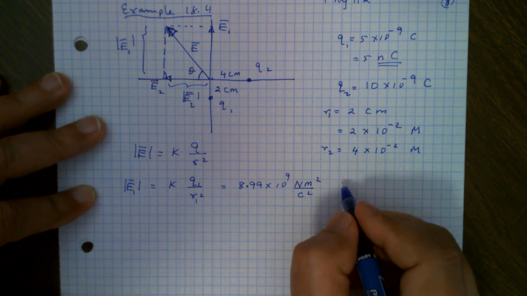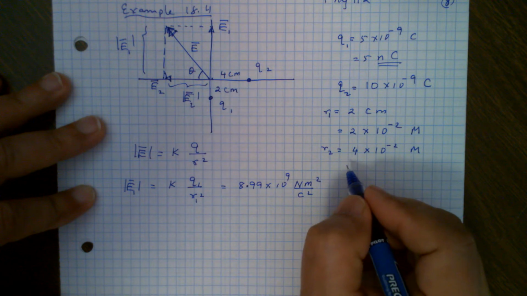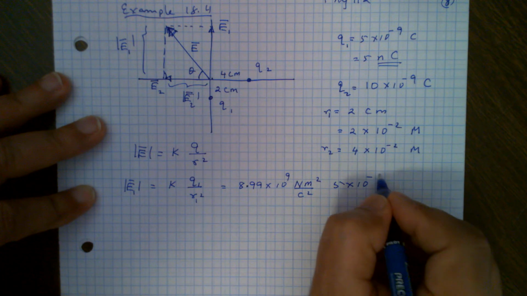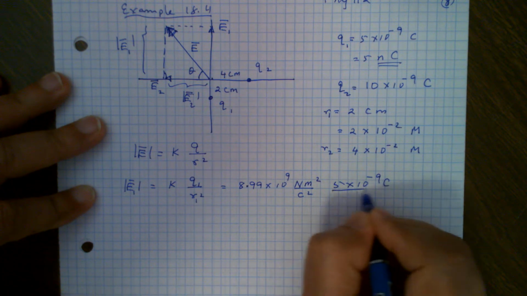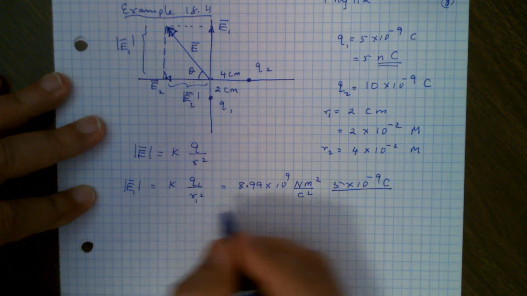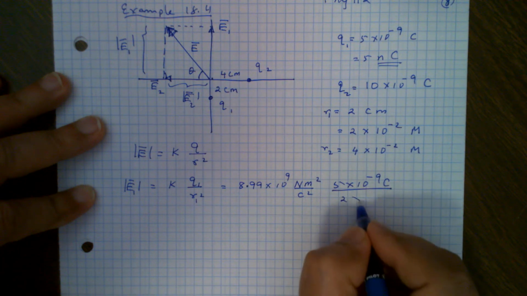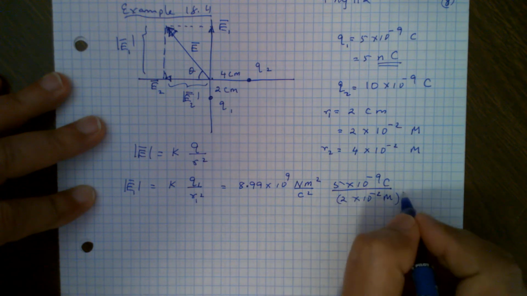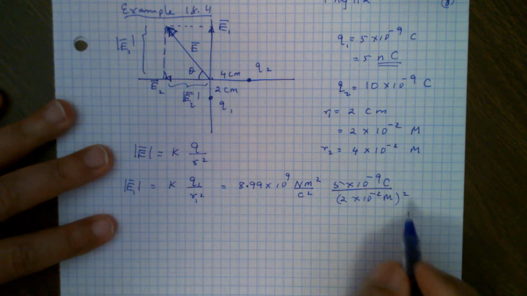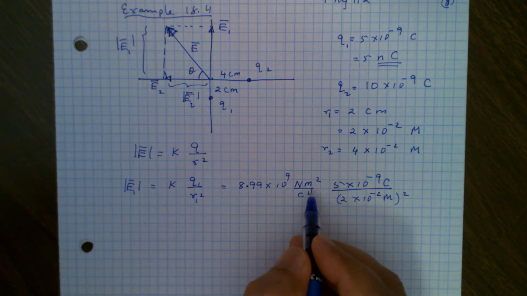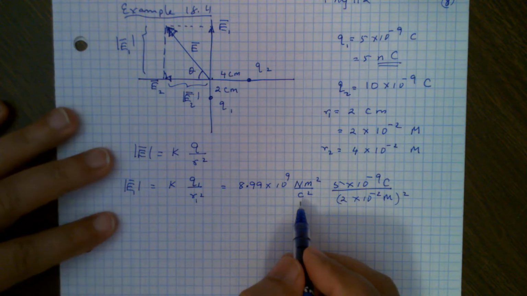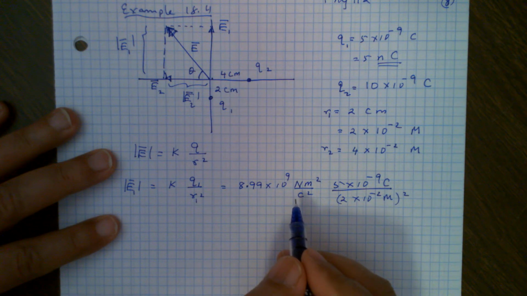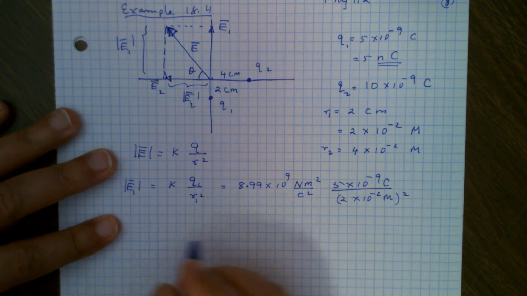And Q1 is 5 times 10 to the power minus 9 coulomb, and the distance R1 squared is 2 times 10 to the power minus 2 meter squared. So you see meter squared and meter squared will cancel out, and coulomb squared and coulomb, one of the coulombs will cancel, so the answer will be in the units of newtons per coulomb, right?